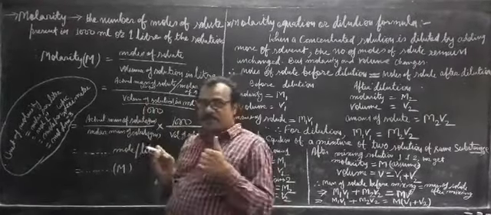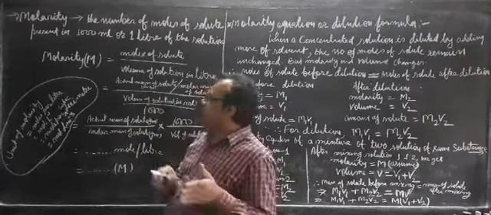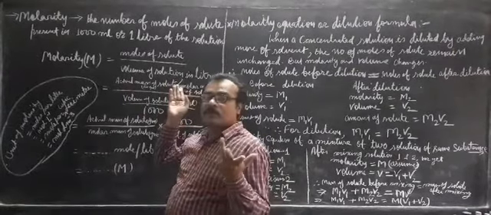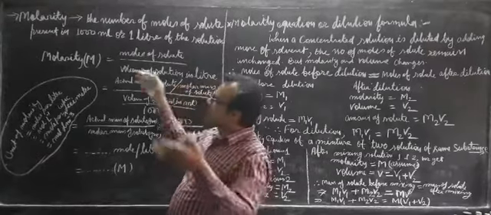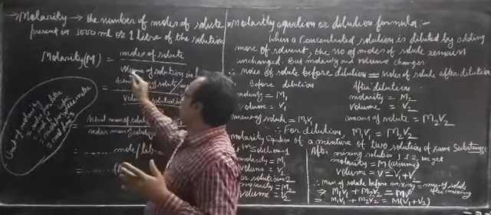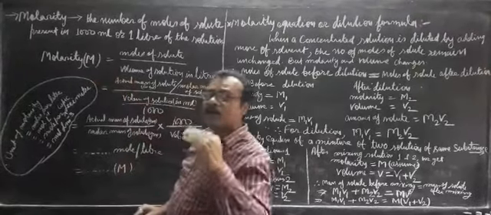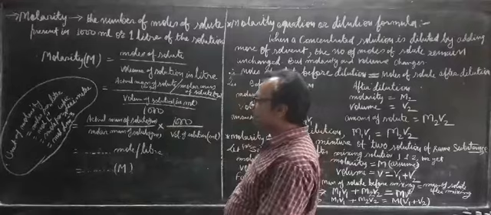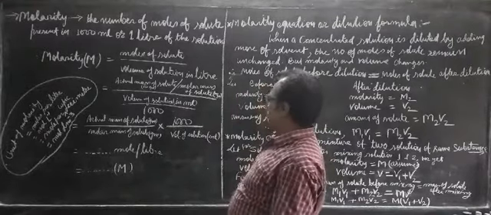Instead, we are adding solvent into it. So that's why the volume of the solution is increasing, and that's why the molarity changes. During dilution, volume as well as molarity undergo change, but the total amount of moles remains the same.